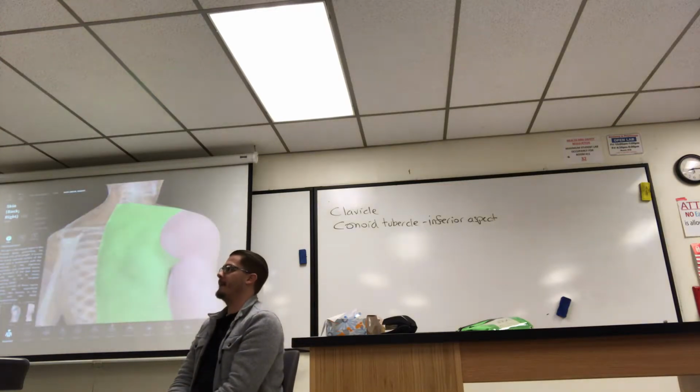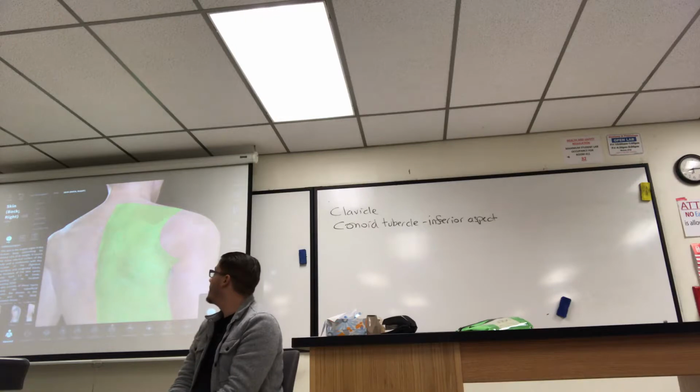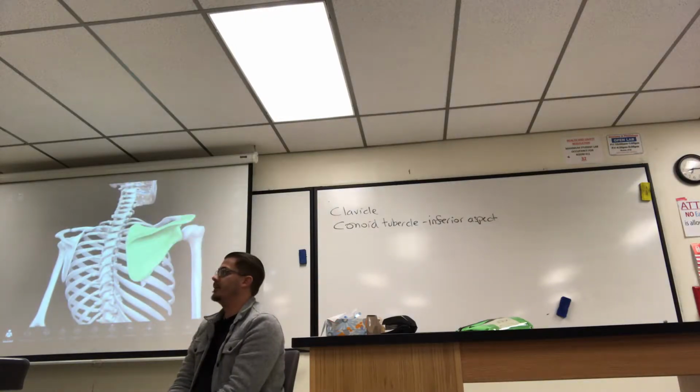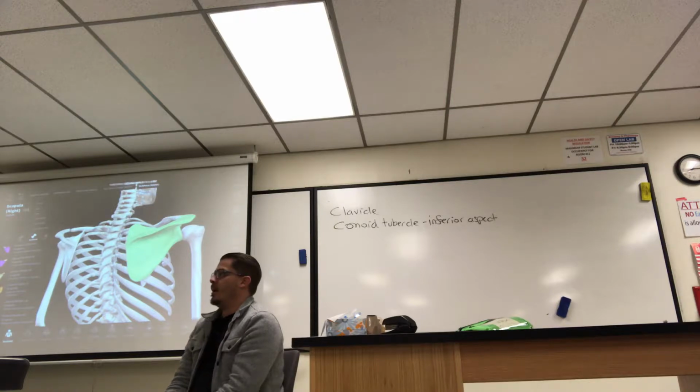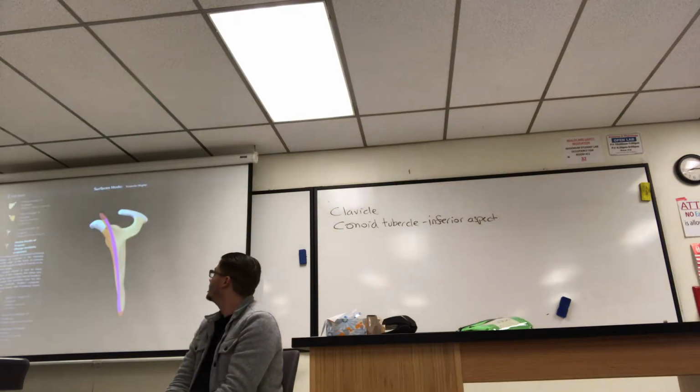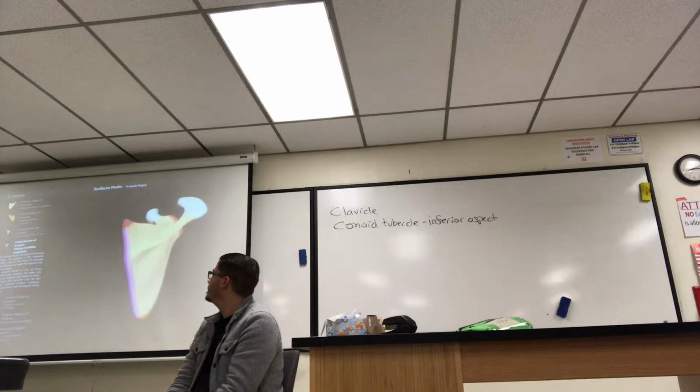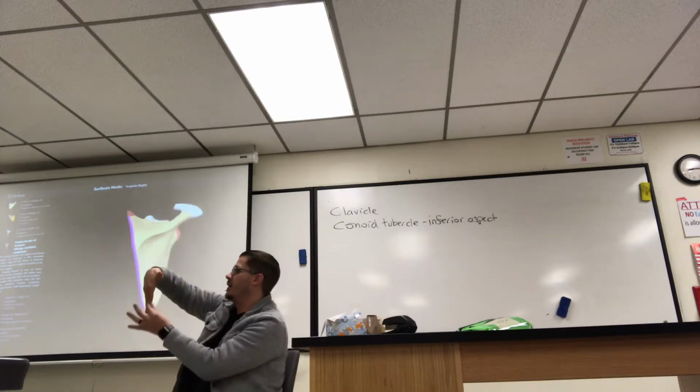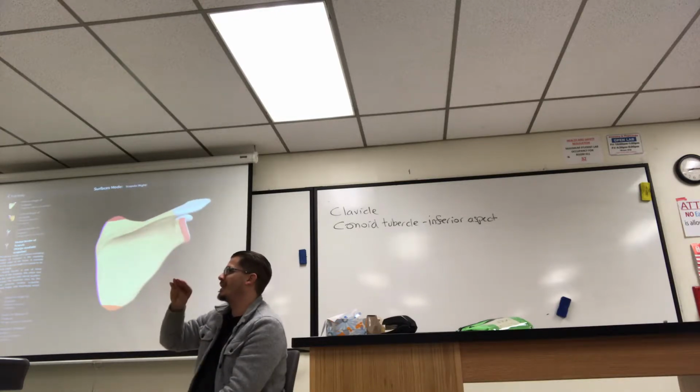So let's kind of get it out of the body. Let me turn the skin off. Isolate this. So that is just highlighting the medial border. You can see why it's called medial, because it's medial.